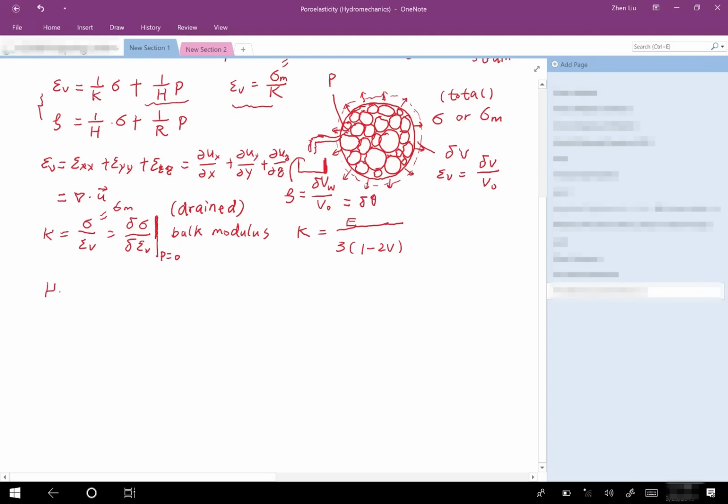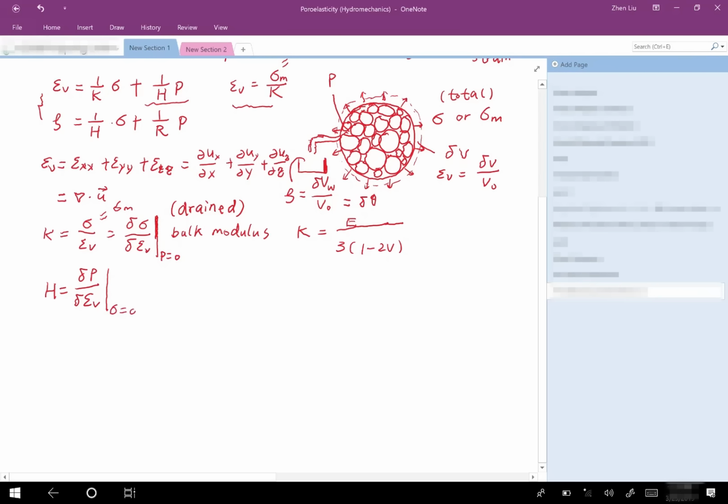H is defined as, you can do it yourself, the change of p over the change of the volumetric strain, right? Or you can get this one using the first equation. And we need to put a constraint here. What is the constraint here? So how to get this one from the first equation? The first term needs to be 0, right? So that we can define it this way.